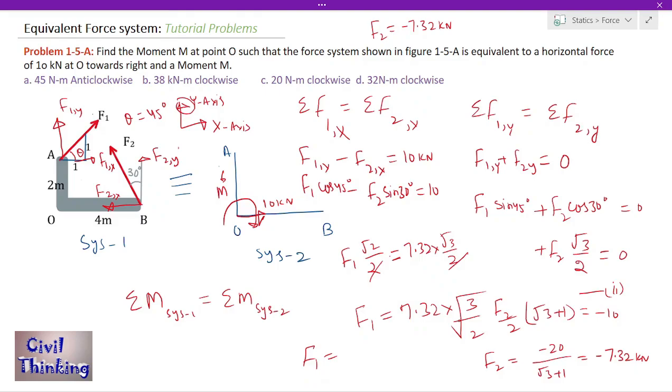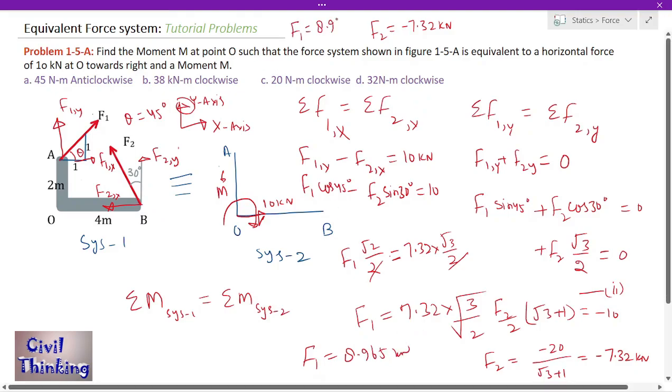So let me use a calculator. 7.32 multiplied by square root of 3 divided by 2. Okay, it is 8.965 kilonewton. Okay, so let me write it here, 8.965 kilonewton.